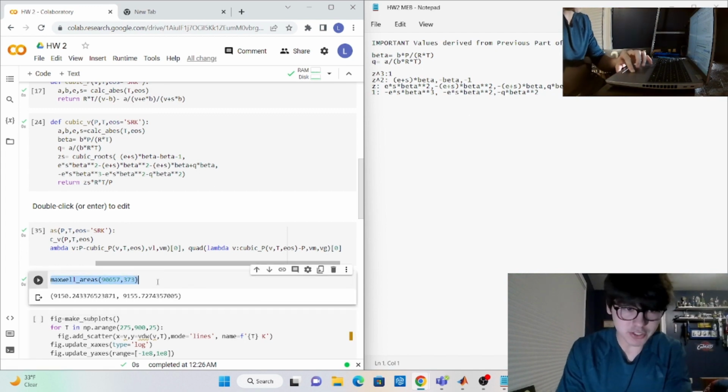that the vapor pressure of water at 373 Kelvin is closest to a value of around 90,657 pascals. So that's our estimate there.